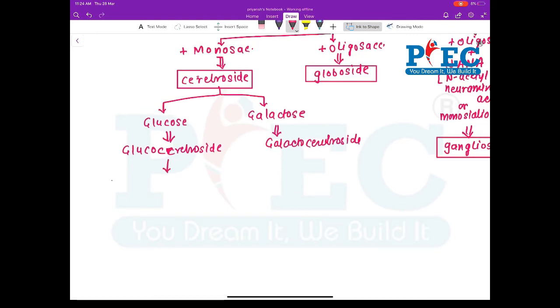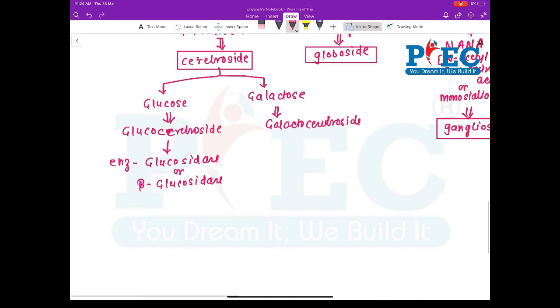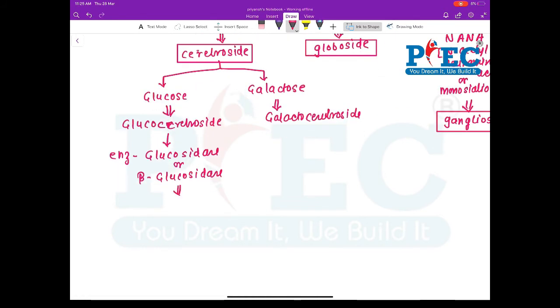To digest glucocerebroside, we require an enzyme called glucosidase or beta glucosidase. If there is deficiency of this enzyme, this molecule will accumulate in the cell and lead to a disorder called Gaucher disease.